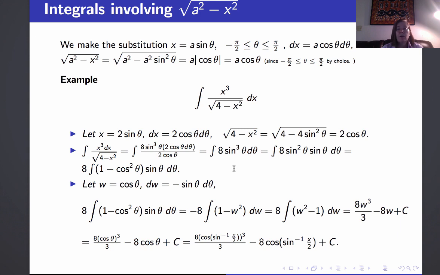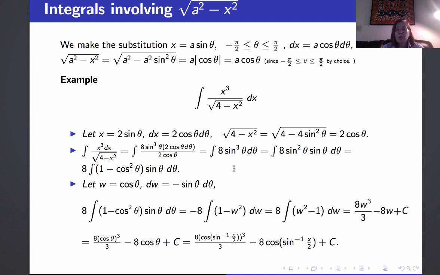We have dw equals minus sine theta d theta, and our integral, which is 8 times the integral of 1 minus cosine squared theta times sine theta d theta, is now minus 8 times the integral of 1 minus w squared dw, which, when I take away that minus, becomes 8 times the integral of w squared minus 1 dw.